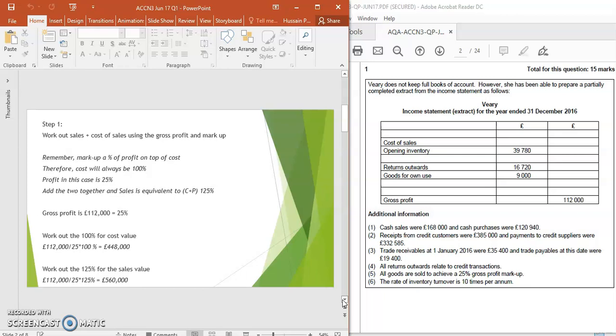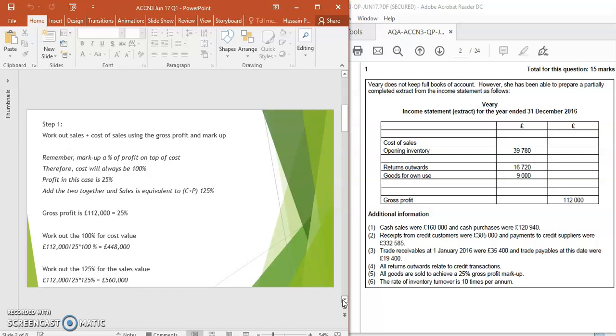So we know gross profit is 25%, and we need to use that to find a sales figure and a cost of sales figure. In terms of calculation, 112,000 divided by 25, times by 100, i.e. 100%, and times by 125%.